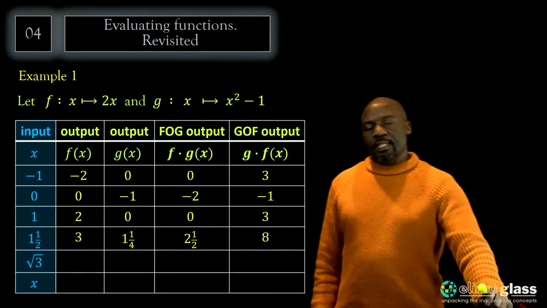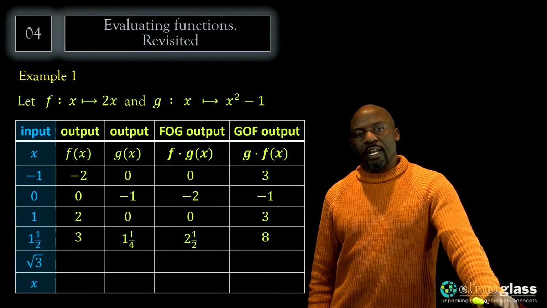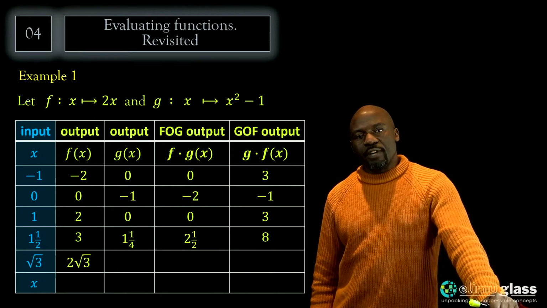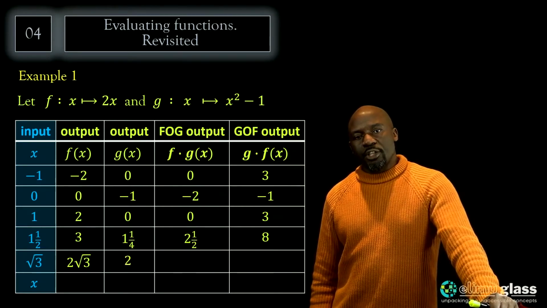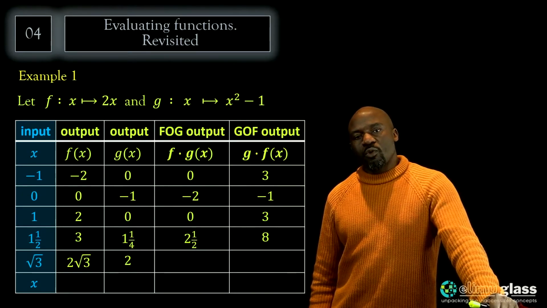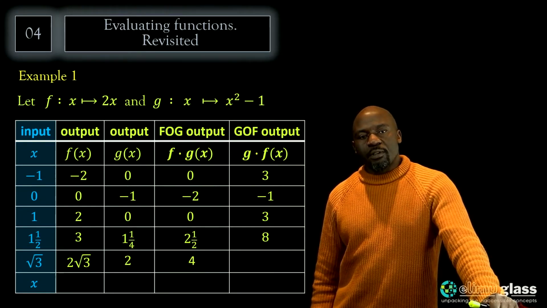If x is root 3, then f of x should be 2 root 3. G of x should be 2, because root 3 squared is 3, minus 1 is 2. F of g of x is 4, and g of f of x is 11.